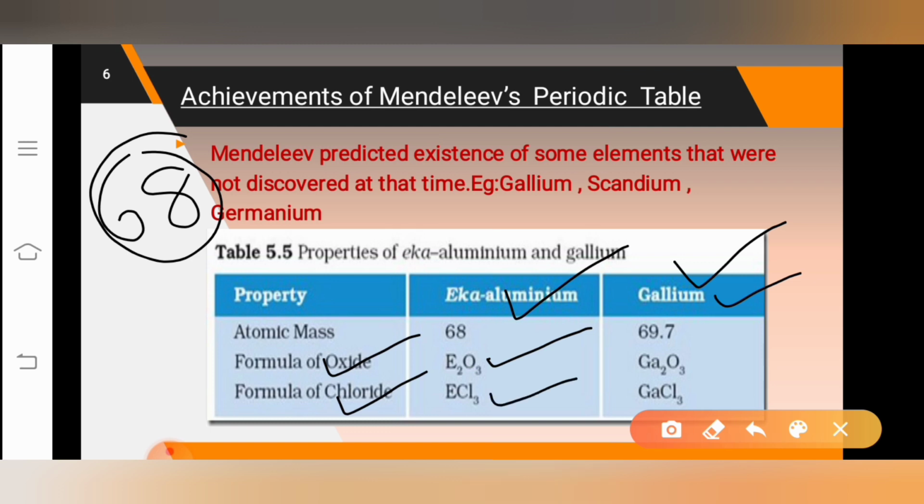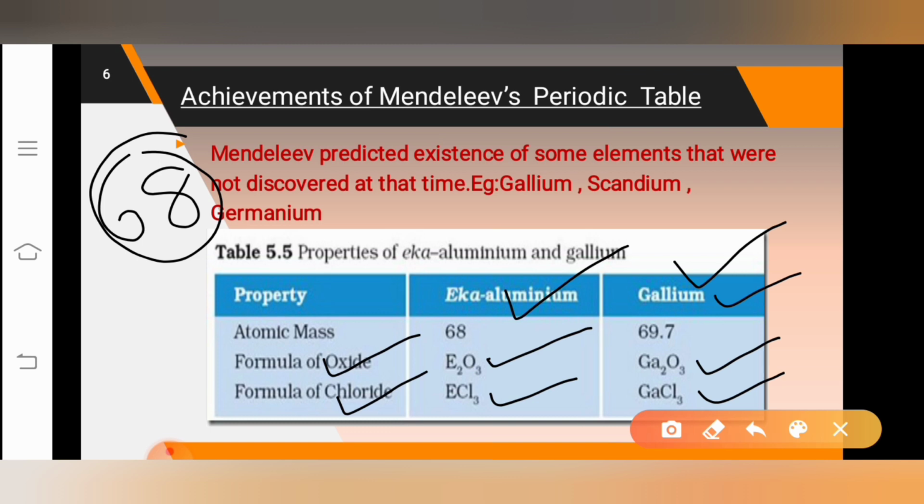It was all an assumption of Mendeleev, please remember. And for gallium, he thought that Eka aluminium will be called gallium in future, then gallium will have formulas like Ga2O3 and GaCl3.